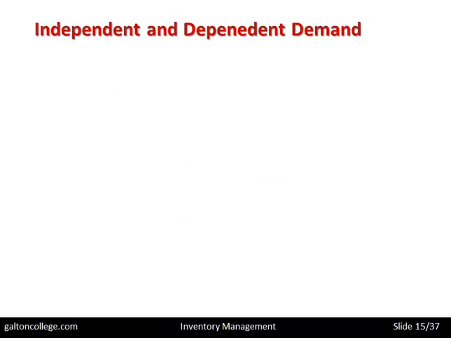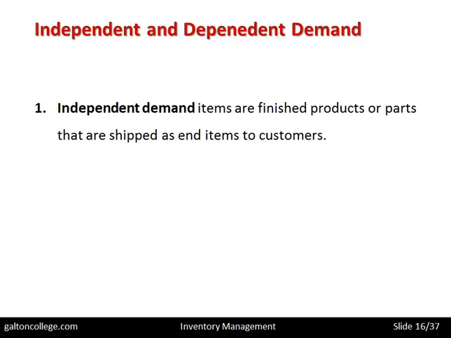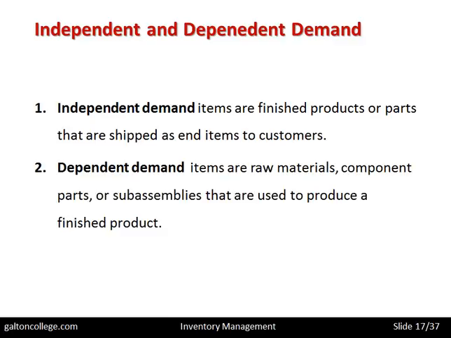Now we also have a concept of independent and dependent demand. Independent demand items are finished products or parts that are shipped as end items to customers. So these are finished products that are shipped out to the customers. This is called independent demand. And dependent demand items are raw materials, component parts or sub-assemblies that are used to produce the finished product.